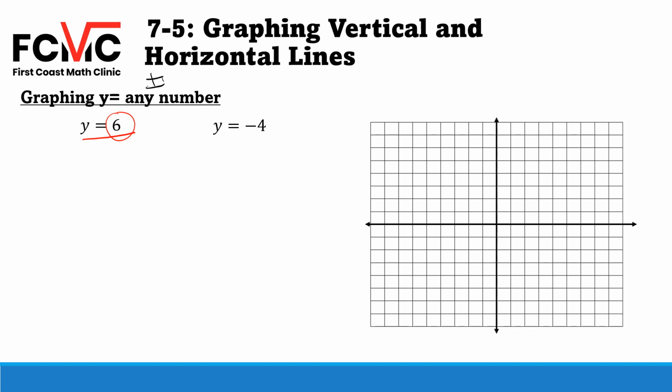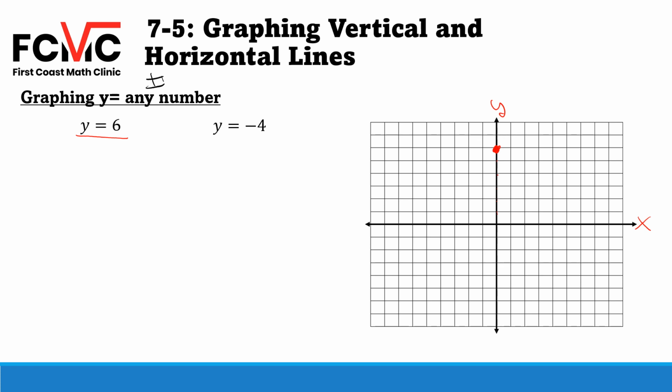This is our y-axis, this is our x-axis. Here y is 1, 2, 3, 4, 5, and 6. All we know from this equation is that every y value is 6.